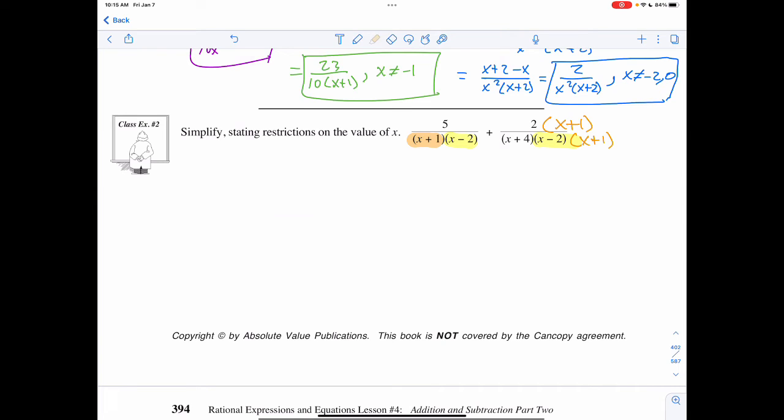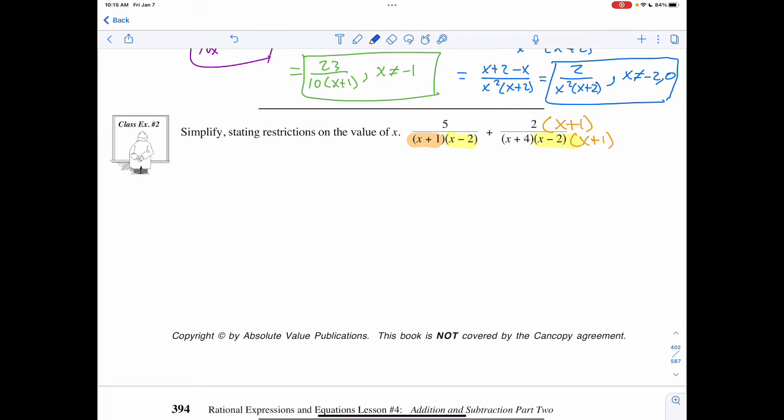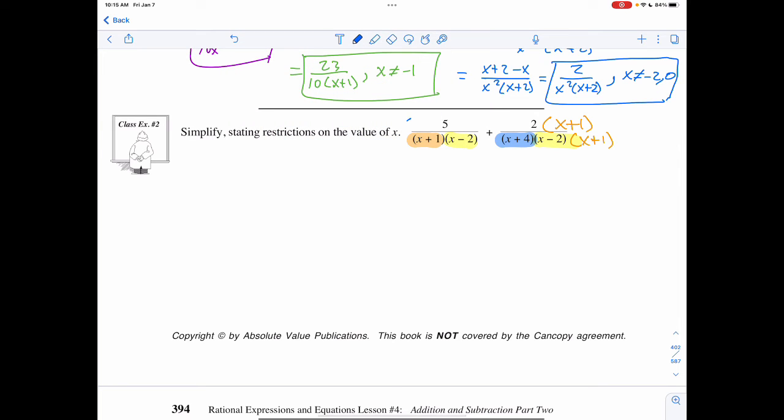And this one has an x plus 4, which is going to be needed on this side. So when I look at all the different factors, that's my lowest common denominator.